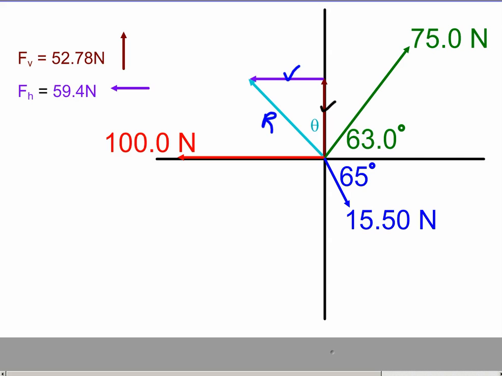Well, how do we do the math? That's where our friend Pythagoras comes in to play. So we're going to use Pythagorean theorem to calculate the hypotenuse of our new right triangle. So with Pythagorean theorem, we find that our resultant is 79.46 newtons, and is pointing up and to the left. So that is our resultant. That's what R stands for.